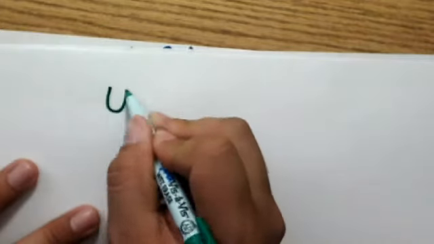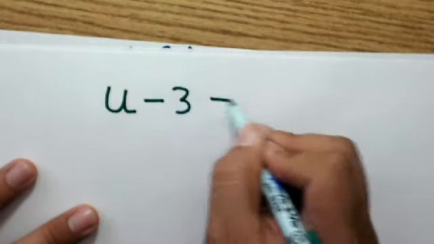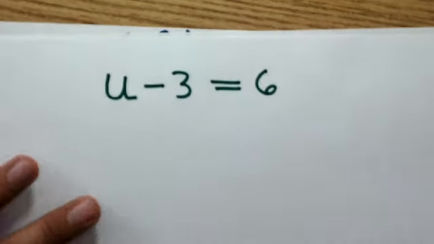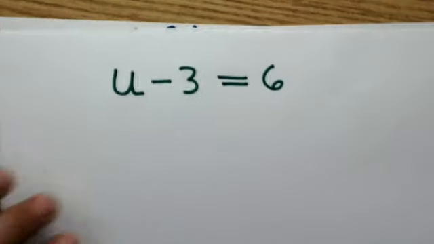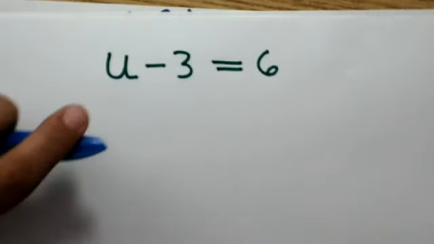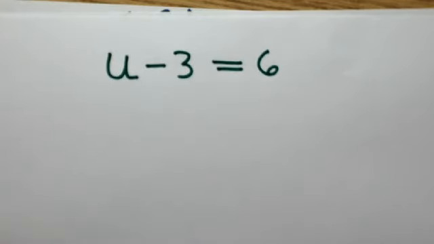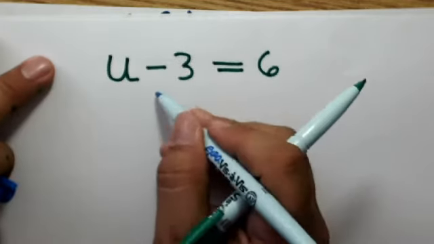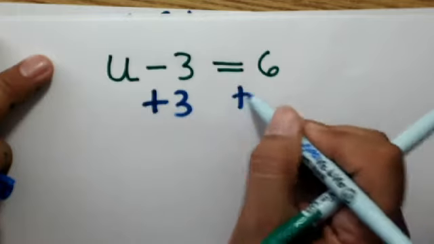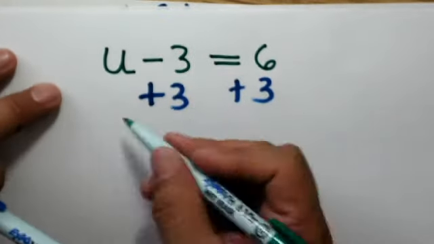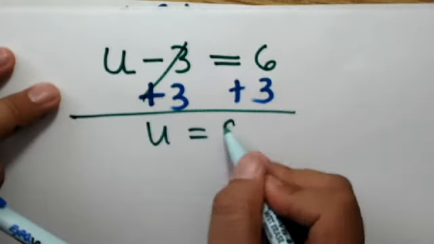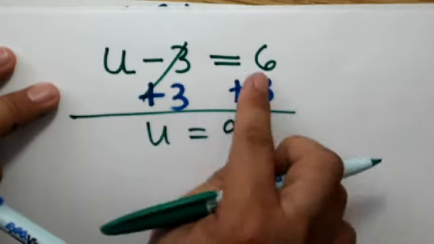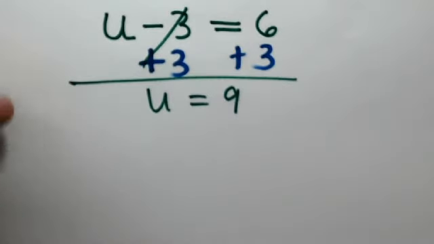Perfect. Okay. So the next example is u minus 3 equals 6. Now, if we're subtracting 3, what would be the opposite to subtracting 3? Add 3, and that's what we're checking. But, Mr. Lerma, I know that 9 minus 3 is 6. Do I have to show my work for the 900th time?